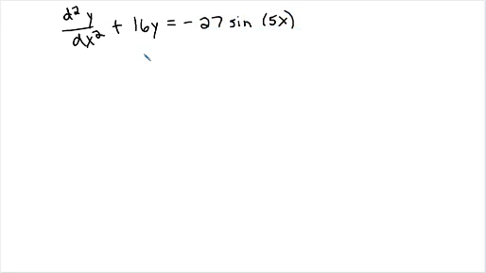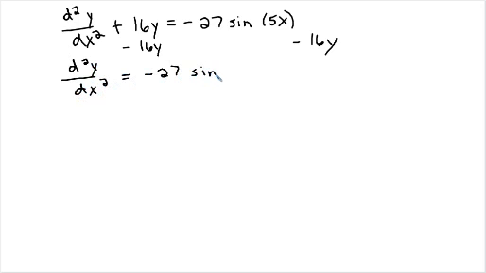If I subtract 16y from both sides, I now have that d squared y dx squared is equal to negative 27 of the sine of 5x minus 16y.